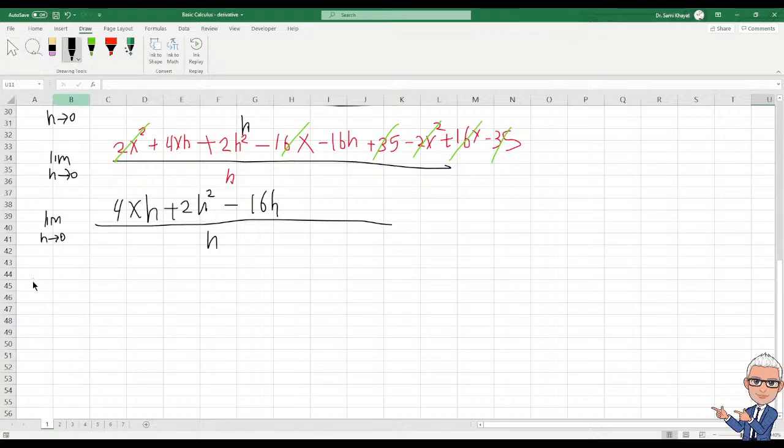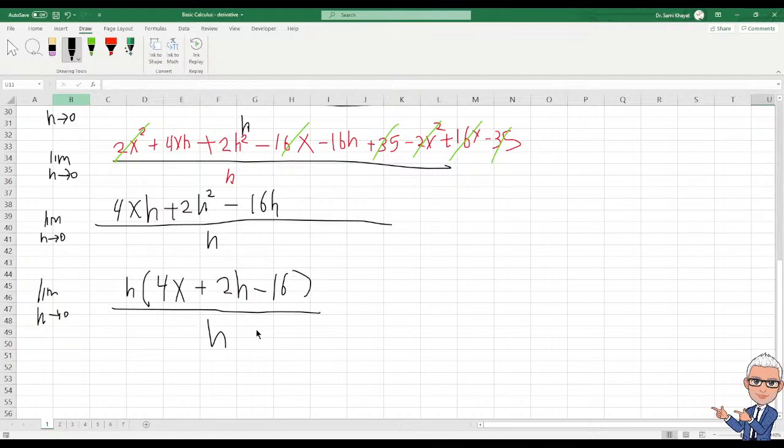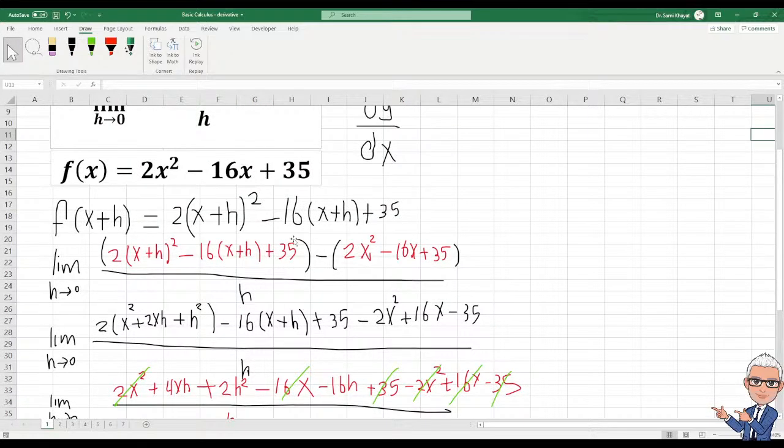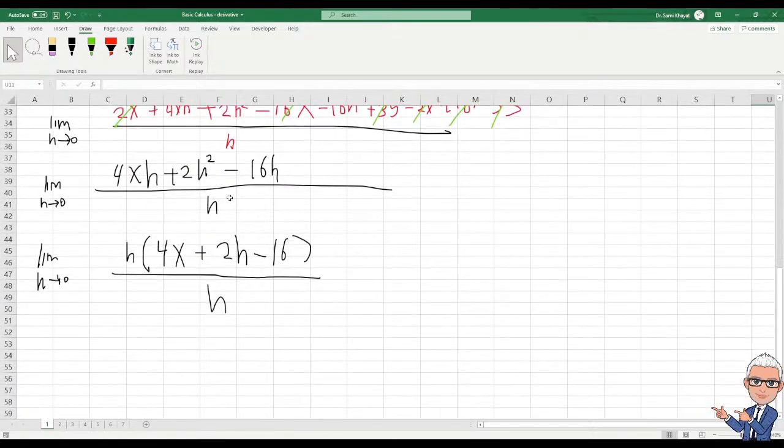It's limit h approaching 0. Take h outside. Here the remaining 4x plus 2h minus 16, over h. Okay.